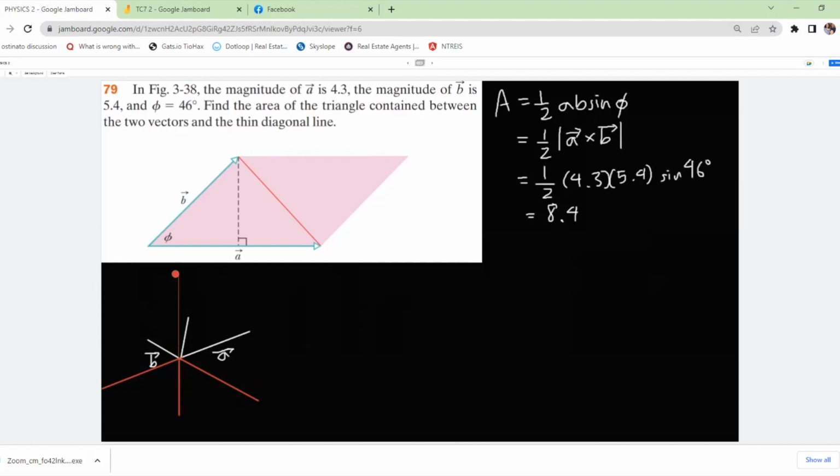Hirap i-drawing. So ang tawag, parallelepiped is the correct word. So parallelogram, tapos inuurong along the line C. Okay, tapos yung A and B not necessary na perpendicular.